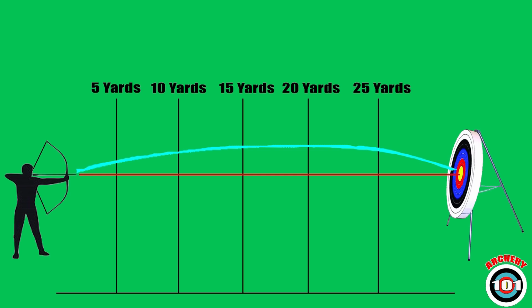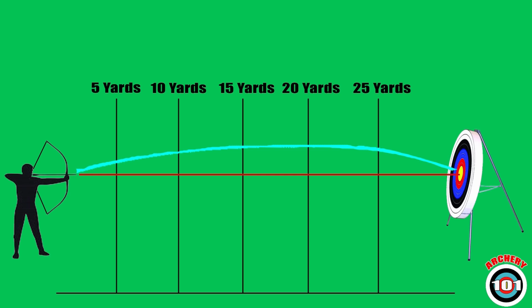And again, we'll show you the trajectory of the arrow. Now, before we go any further, let me say that what I'm about to show is purely hypothetical. These numbers are not real and are just being used only to illustrate a point.